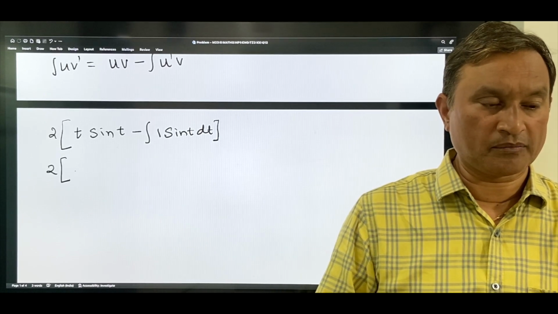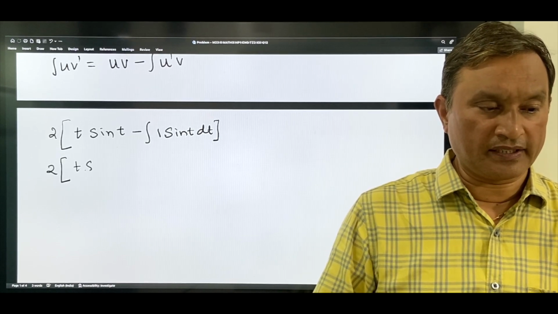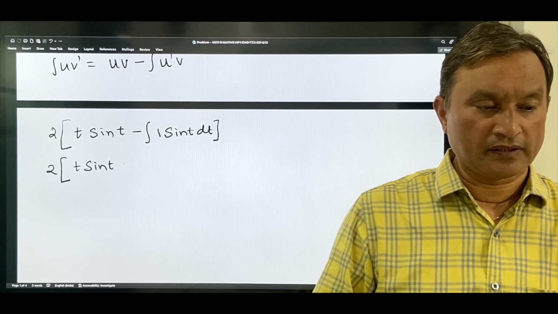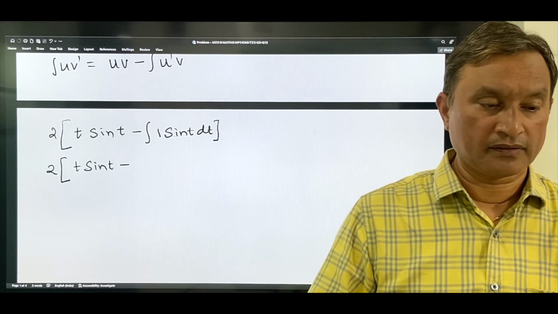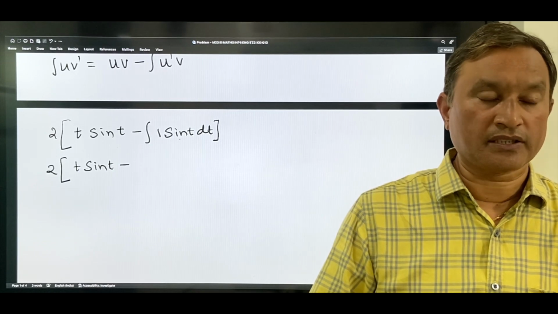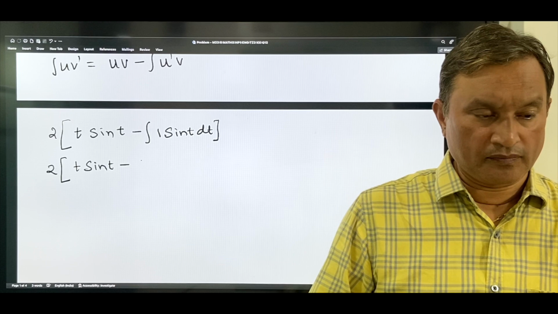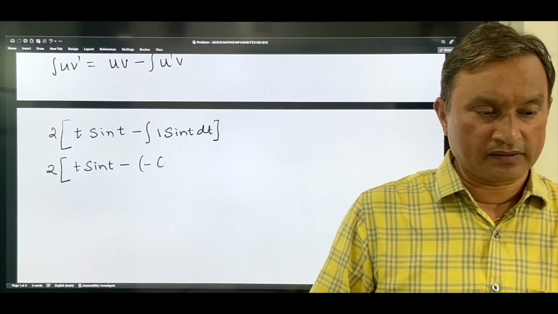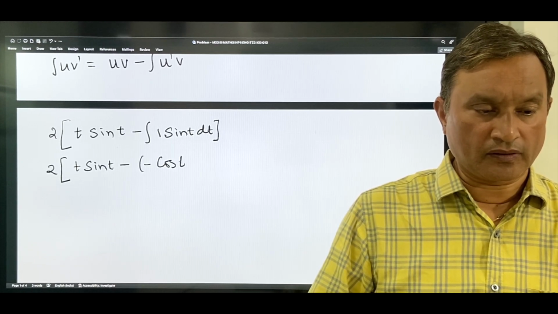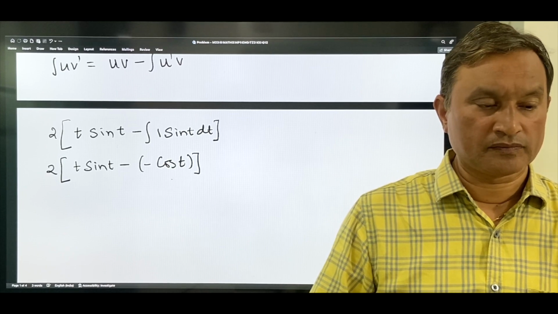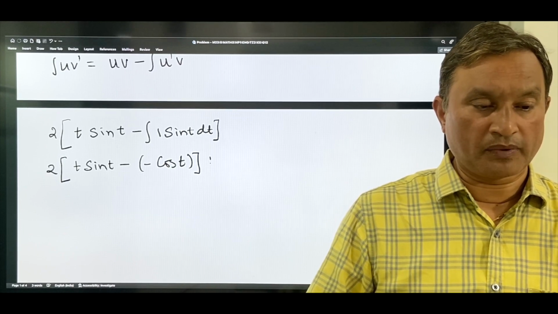Now further we will simplify. t sin t minus the integration of sin t, which would be minus cos t, plus c.